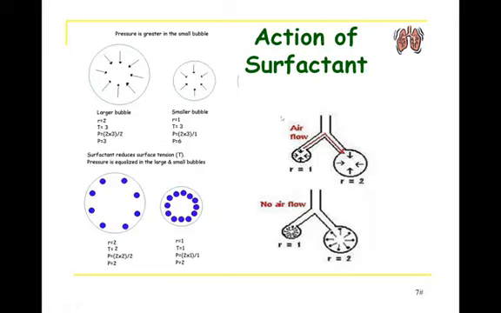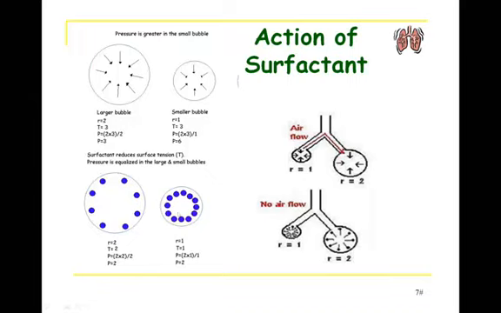So how can we prevent this from happening? Well, here's surfactant to the rescue. I have a large alveolus, I have a small alveolus. I've got the surfactant molecules lining the alveoli, and what you'll notice is in the larger alveolus, the surfactant molecules are further apart than here.